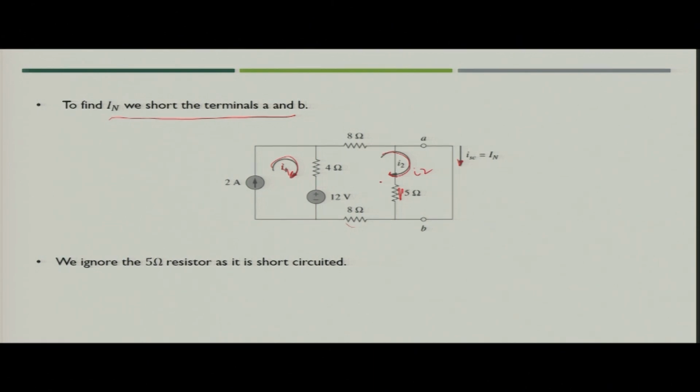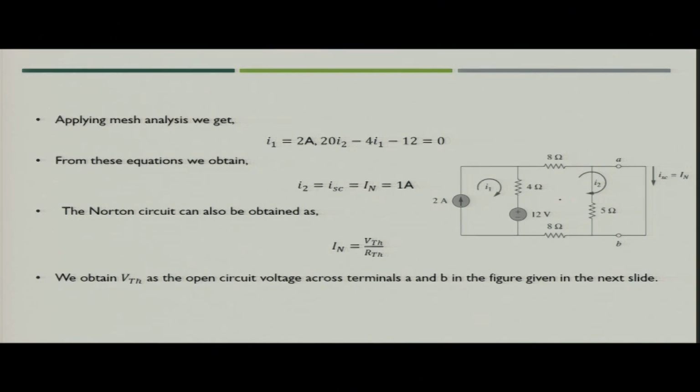So, now you have 2 meshes in the circuit. What we get from these 2 meshes? If you see mesh 1, the value of mesh current I1 is equal to 2 ampere. You can easily see this from the circuit, because 2 ampere is the current source available in the mesh. So, the current I1 is nothing but 2 ampere.